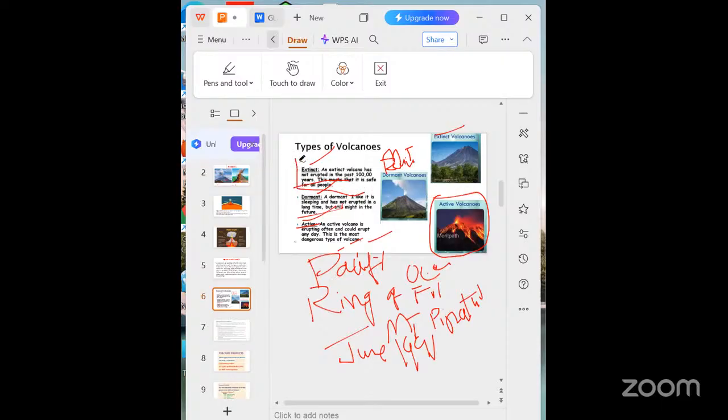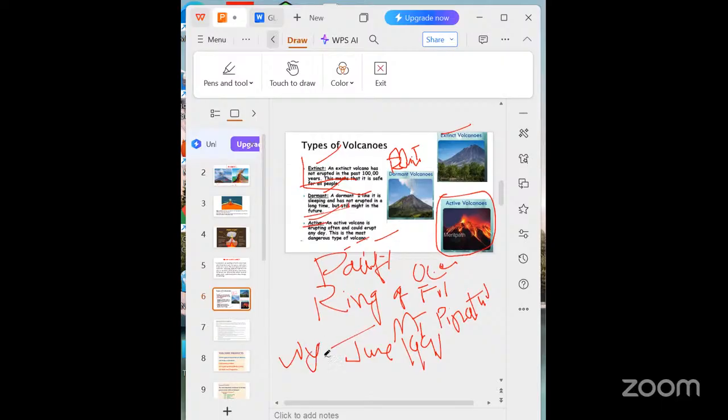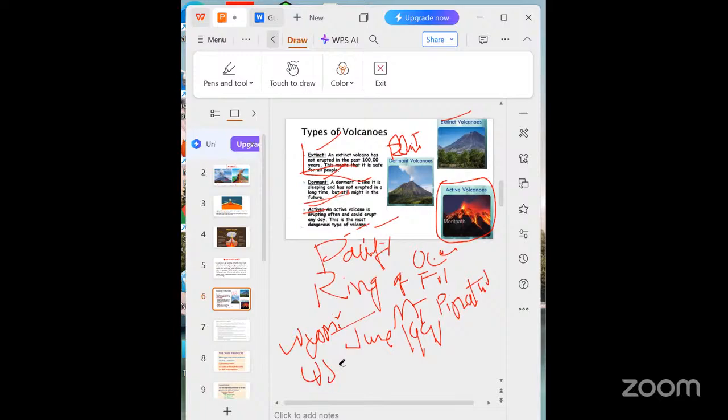Extinct volcanoes are like Devil's Tower in Wyoming, in the USA. Such volcanoes were active millions of years ago. So these are the three types of volcanoes.